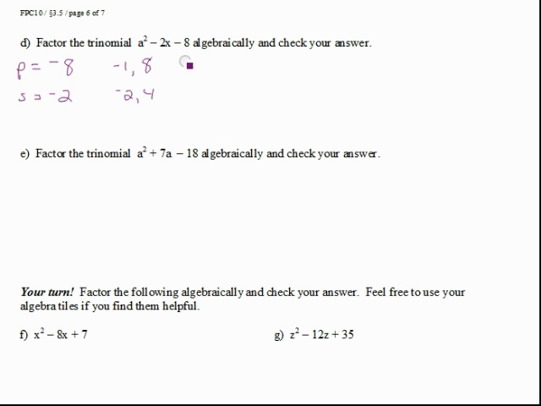Or we can do 1 times -8 or 2 times -4, and that's it. Now, I always write it this way because patterns are good. Okay, and which one is going to work? It's going to be this one, because if I add those together, I get -2. So my answer is going to be a plus 2 times a minus 4. Okay.